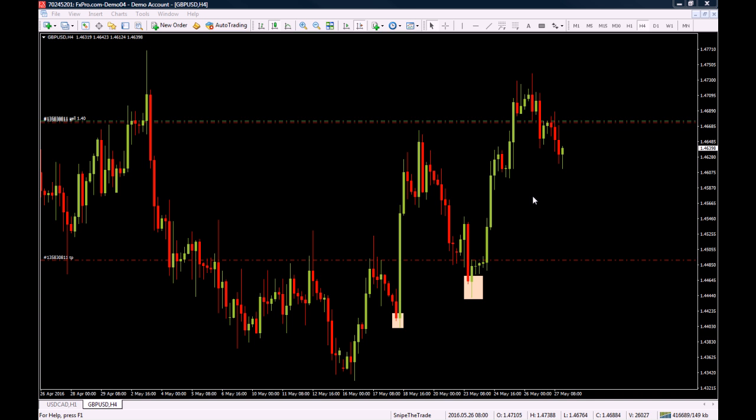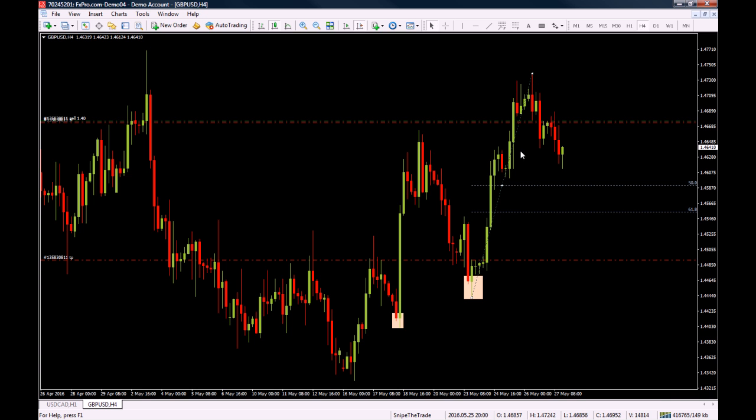And this is the exact reason we are going to use Fibonacci levels, because we don't know where the next low is going to be made. We are going to use the Fibonacci retracement levels from the previous low to the high.